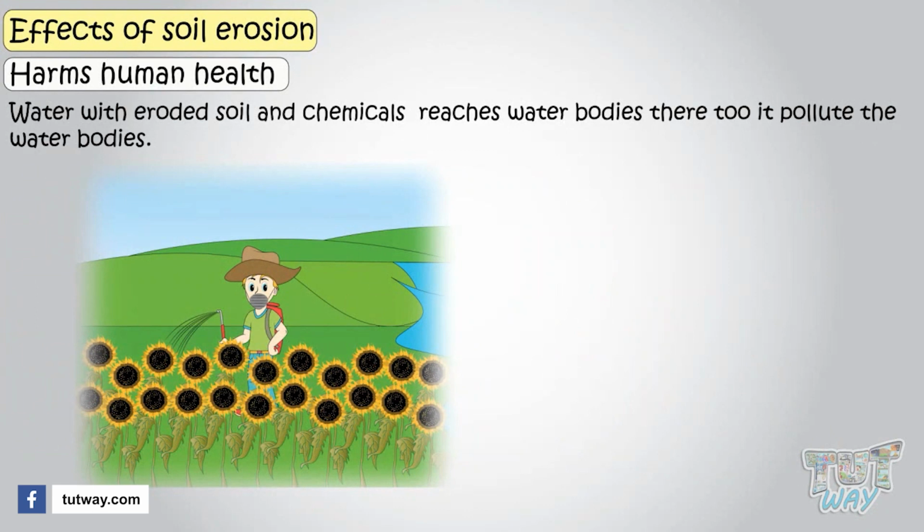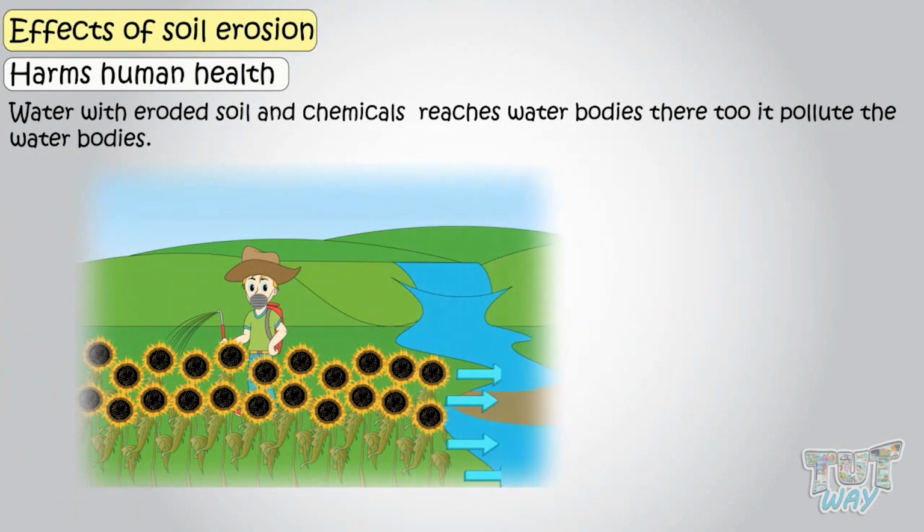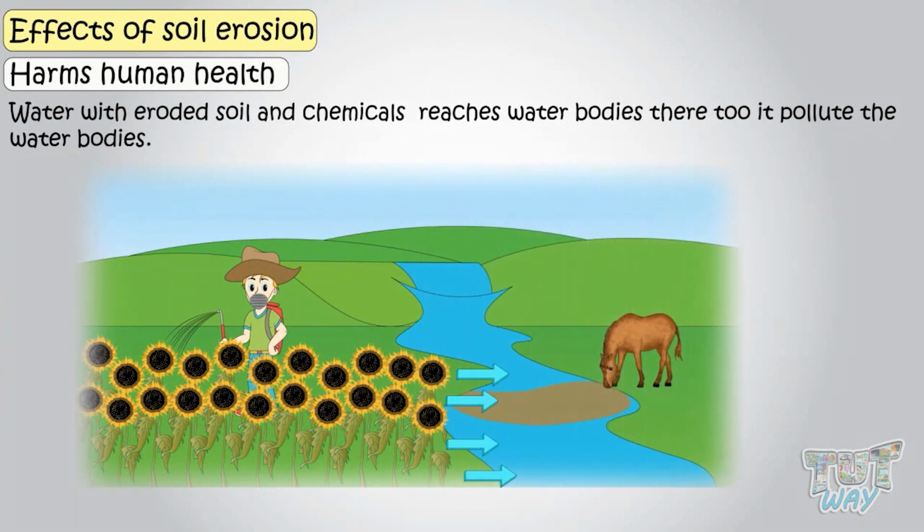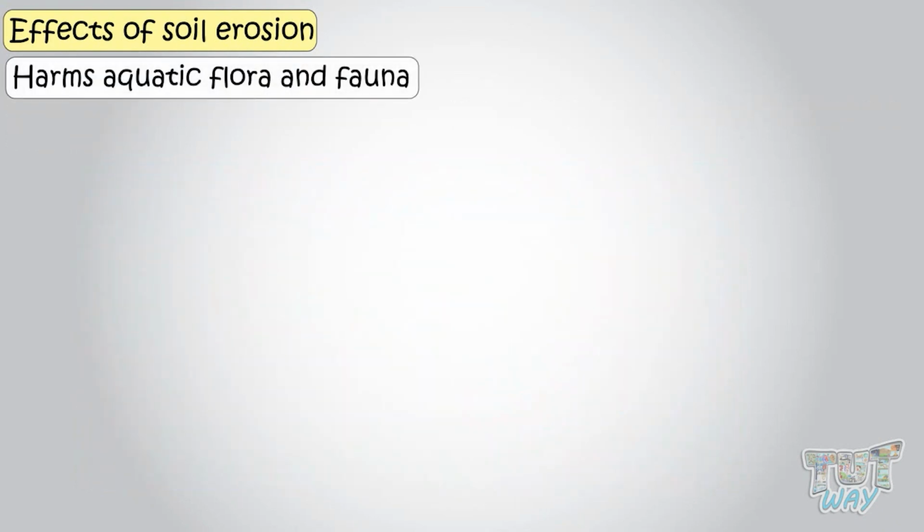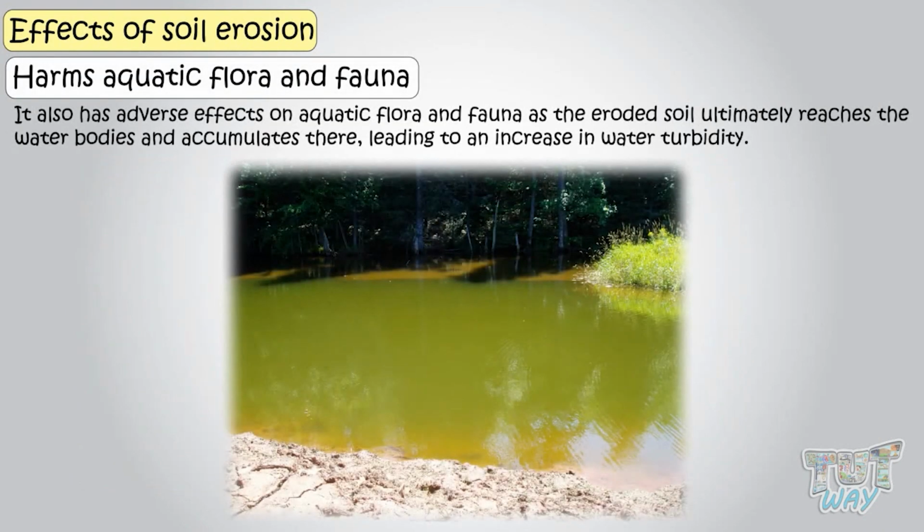Water with eroded soil and chemicals reaches water bodies, and there too it pollutes the water. It also has adverse effects on aquatic flora and fauna. The eroded soil ultimately reaches the water bodies and accumulates there, leading to an increase in water turbidity.